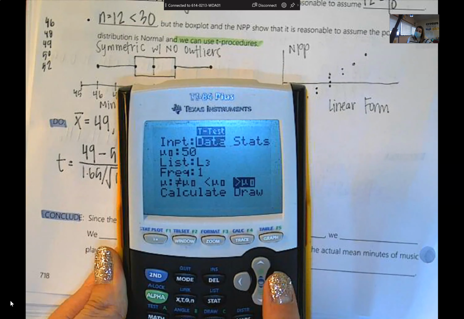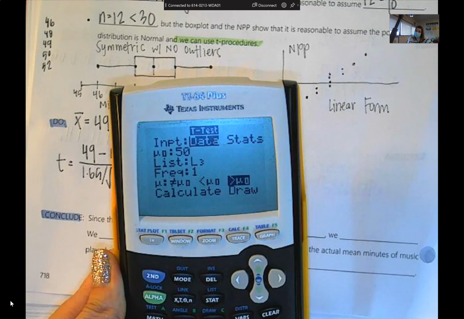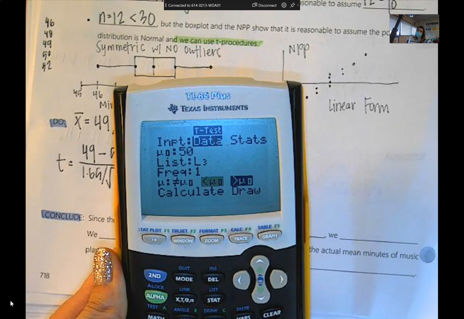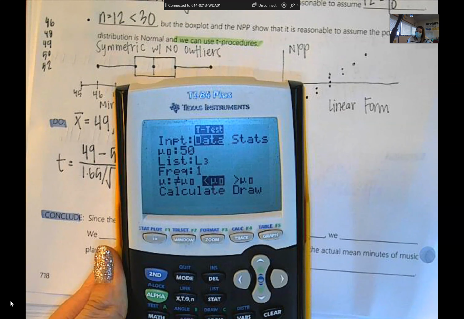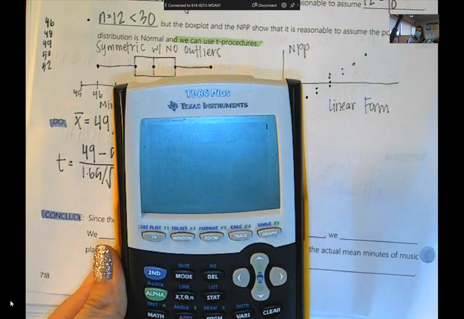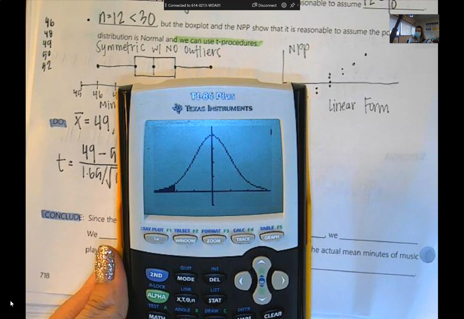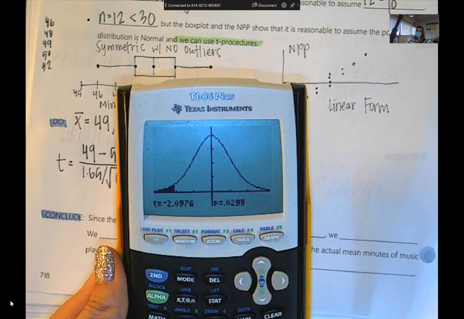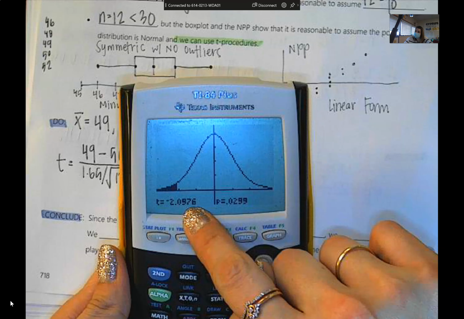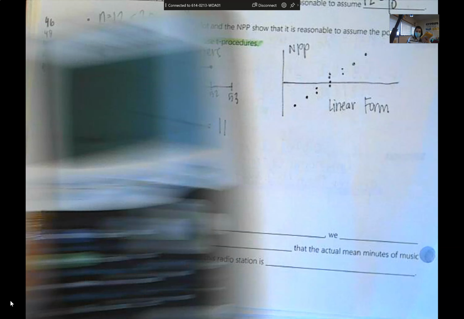My test is less than. It's a one-sided less than. And then I'll draw, but you can hit draw or calculate. That shows me my t curve. I have a t of negative 2.0976.